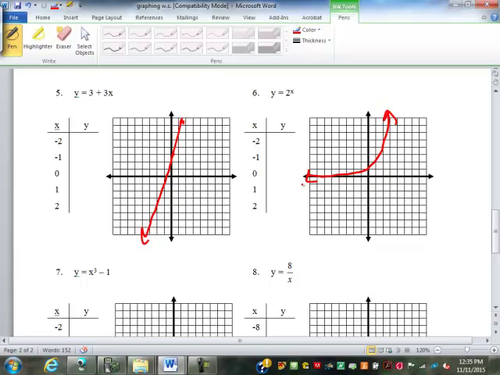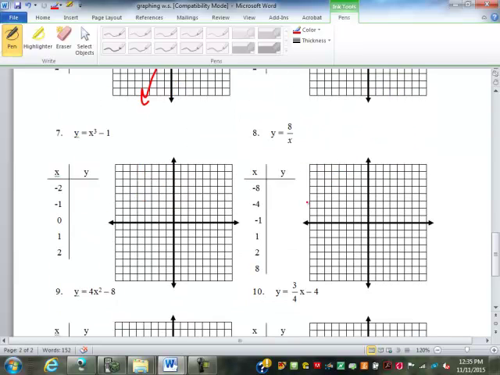It's called an exponential curve. Usually growth or decay problems look like that if you graph them. 7, line, yes or no? Say no. It's a cubic curve.